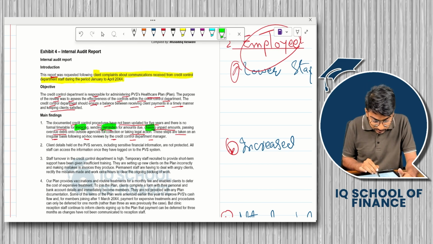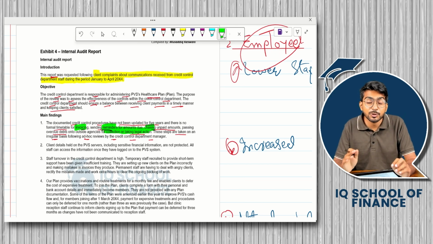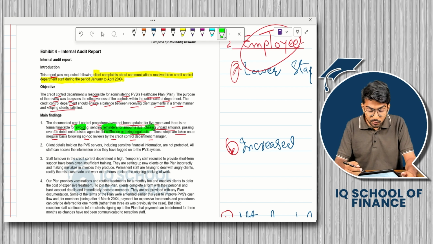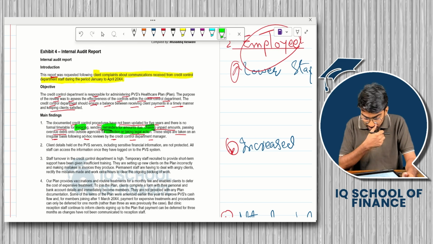So there is nothing formally documented, no formal procedure or timeline for all these procedures. The credit control department is doing all these things based on its own convenience, and the review has been done by the department manager on a very ad hoc basis. Ad hoc means the irregular basis.